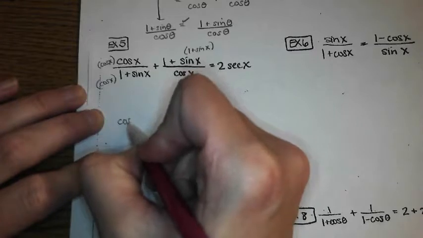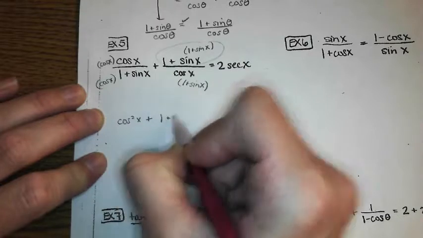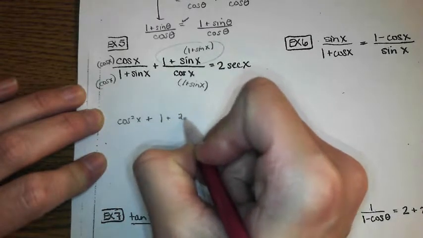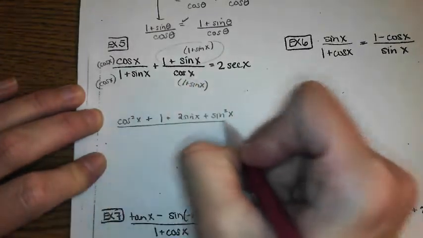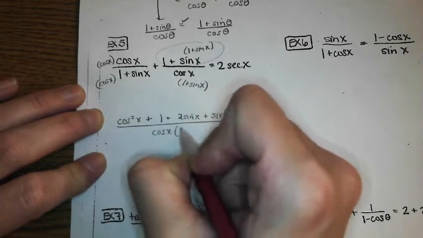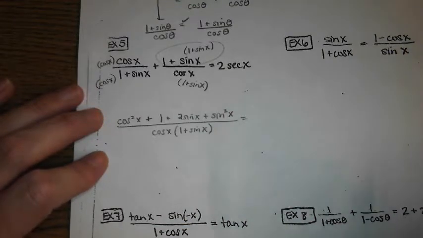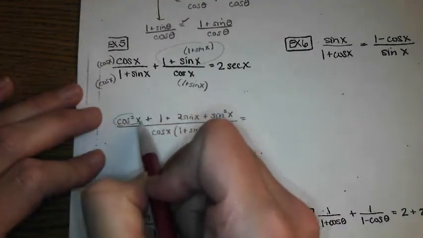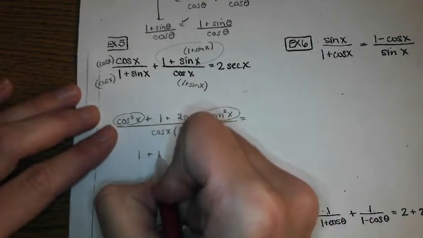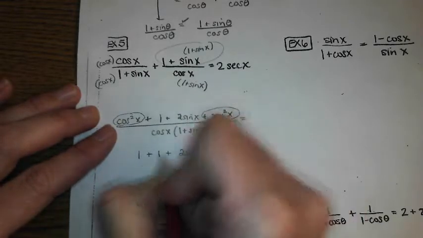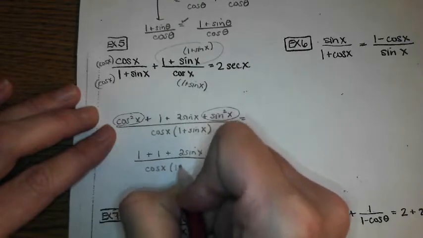Okay, so I get cosine squared x plus, and when I FOIL this out, I'm going to get 1 plus 2 sine x plus sine squared x all over cosine x times 1 plus sine x. And then on the top of that numerator, I have cosine squared x plus sine squared x, which is 1. So I have 1 plus 2 sine x over cosine x times 1 plus sine x.